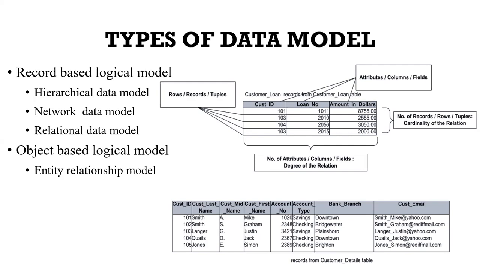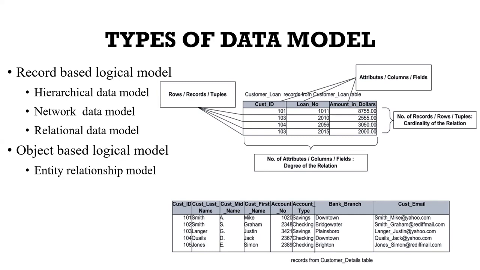For a network data model, for example, if a company has many branches located in different geographical locations, one database will be created for each location. Those databases will be connected in a network to maintain centralized data.